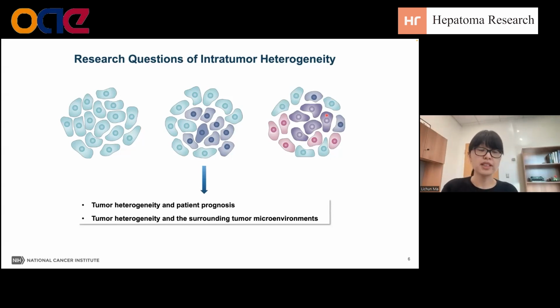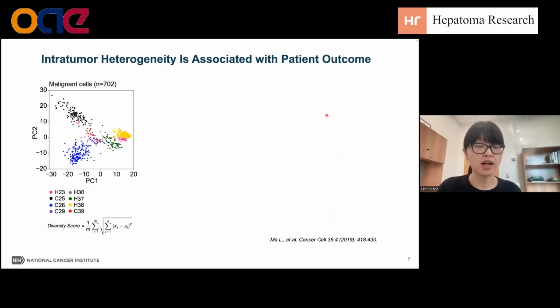To determine the level of intratumor heterogeneity, we applied principal components analysis to the tumor cells in order to project the tumor cells to the eigenvector space to avoid noise and capture major information. Then a diversity score was calculated by using the principal components. Tumor samples were divided into a high diversity group and a low diversity group using the median value.